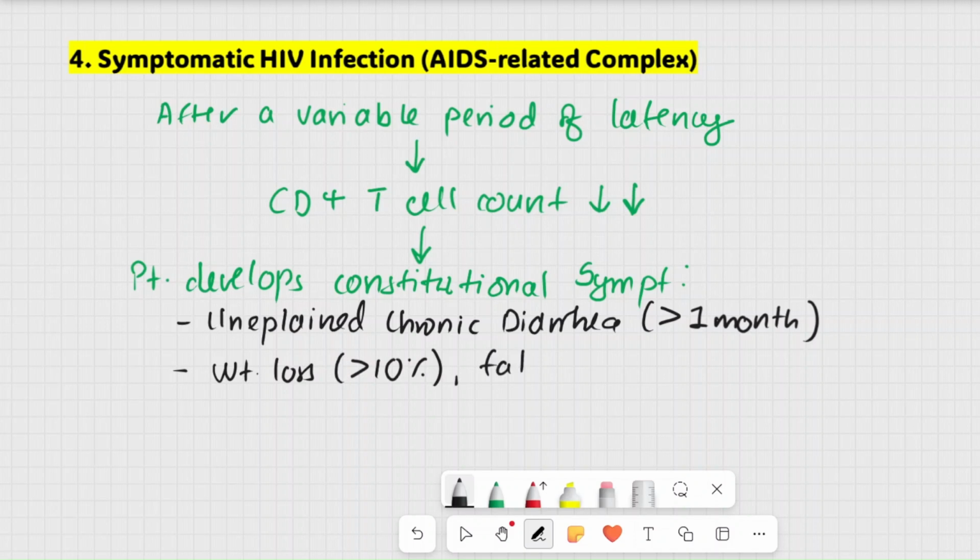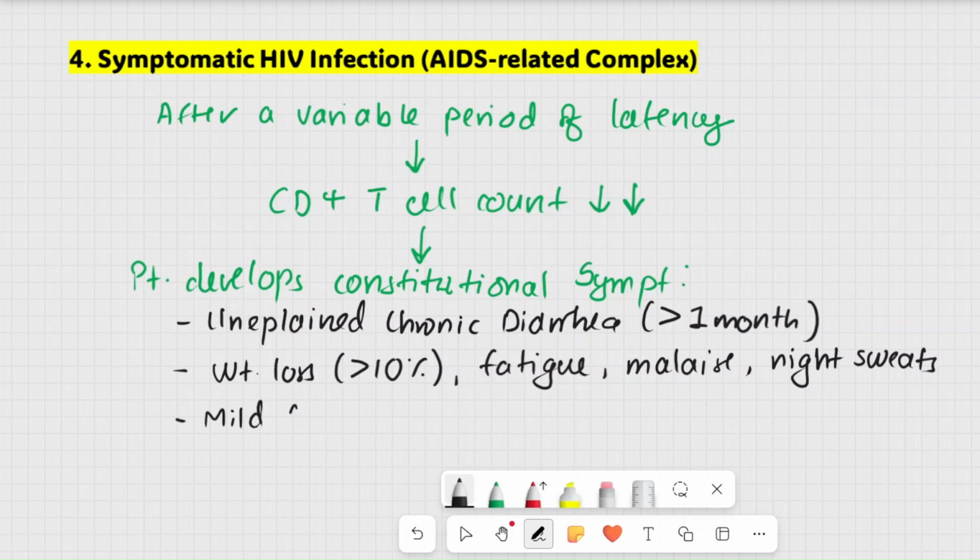The patient may complain of fatigue, malaise, and night sweats. And lastly, we can also write that the patient may have some mild opportunistic infections.